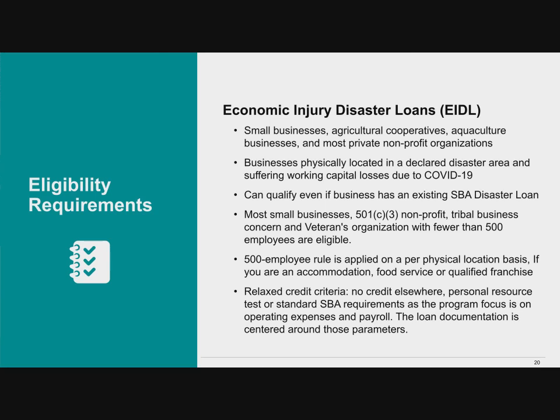I could tell you that we are working as quickly as we can to get back to as many borrowers or applicants as we can. As you might imagine, it's been quite a strain on the system, and we are starting to enlist help from others outside the SBA in order to help us get through this backlog. So be patient if you've already applied, and we'll get back to you as soon as we can.